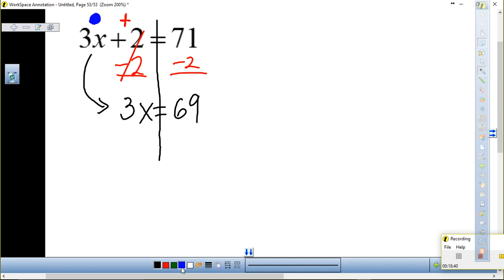All right? What is the last thing that we're going to take off after the bow? The wrapping paper. What is that? Multiplication. What is the opposite of multiplication? So we divide by 3, divide by 3. And whatever we do to one side, we do to the other. So check this out. x equals 23, Michael Jordan.